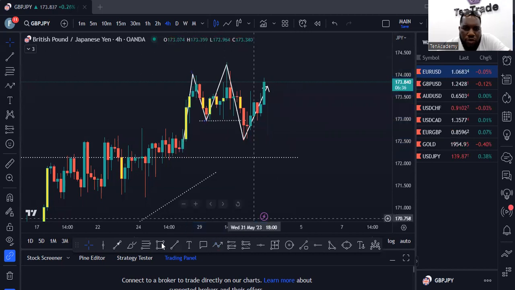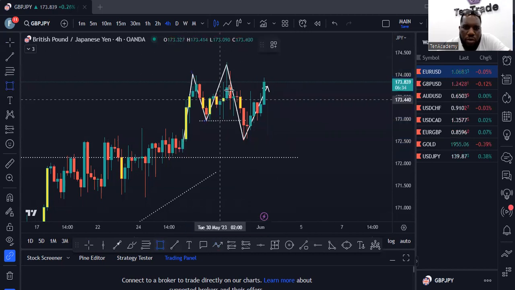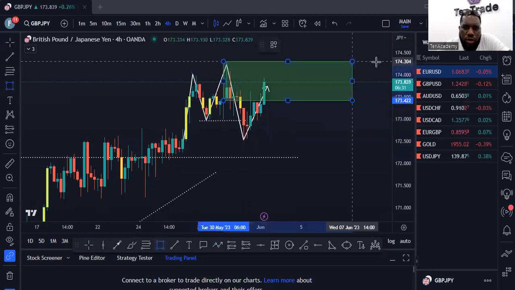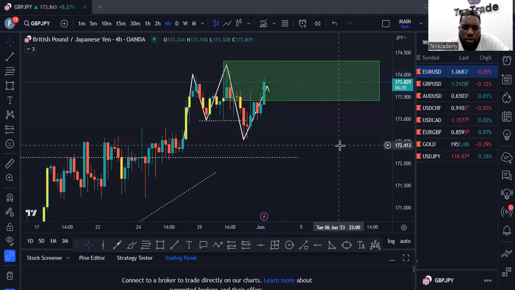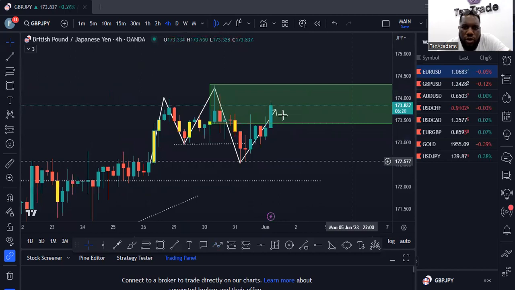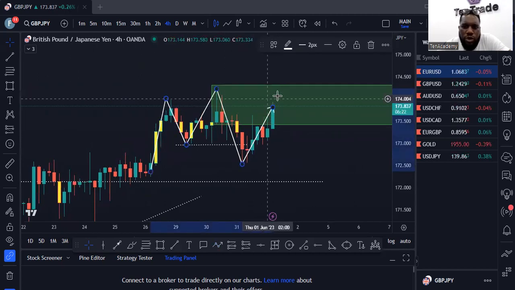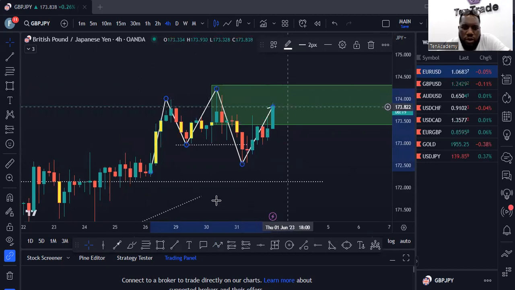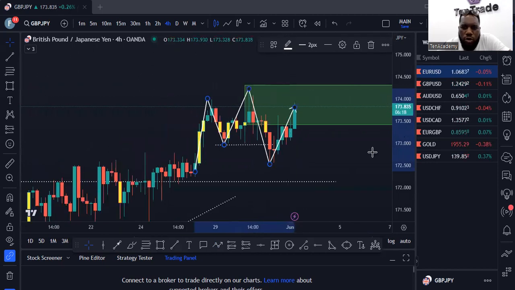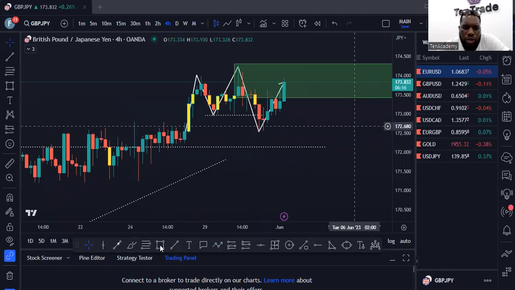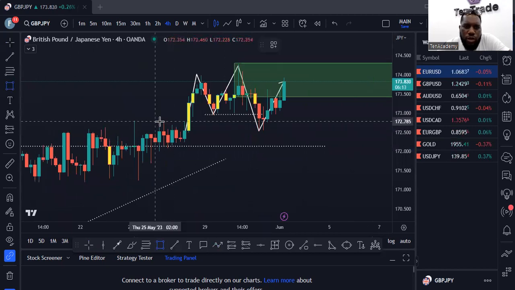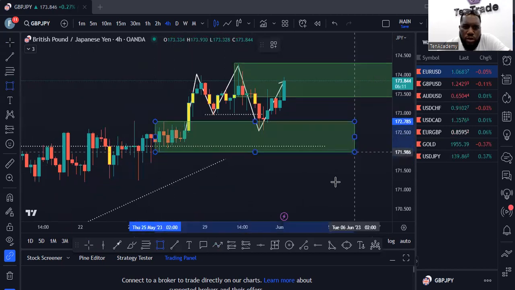So price is currently retracing into this particular supply here. Let's see if you can find it. So in this particular case, inside this zone can be a zone where you can look for sales. Also, you must consider the possibility that this demand zone right here is strong.